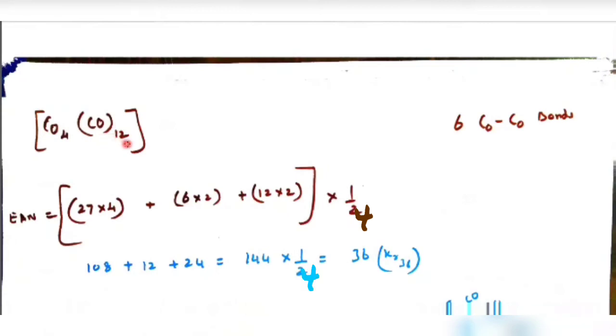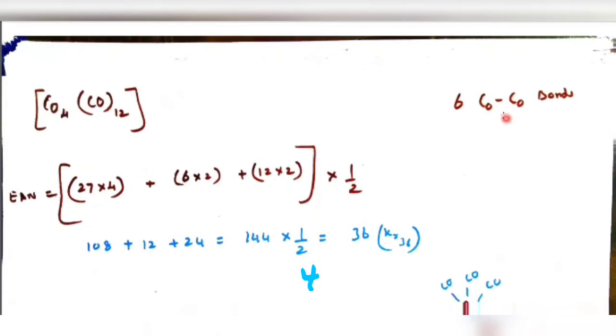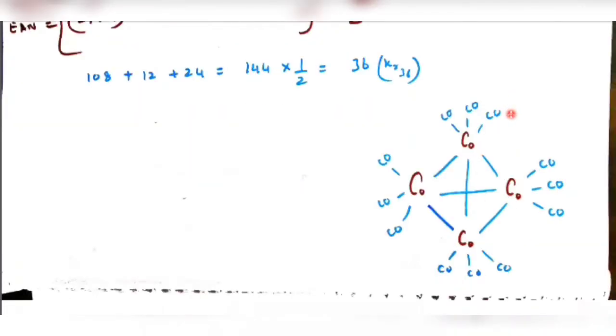Then Co4(CO)12. So in this, the EAN value: 27 is the atomic number, but 4 plus 6 into 2, because it has 6 single bonds, metal-metal bonds, where one Co is the metal and another Co is the metal. Here is the diagram.